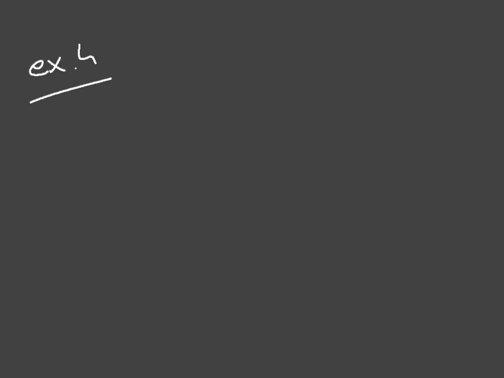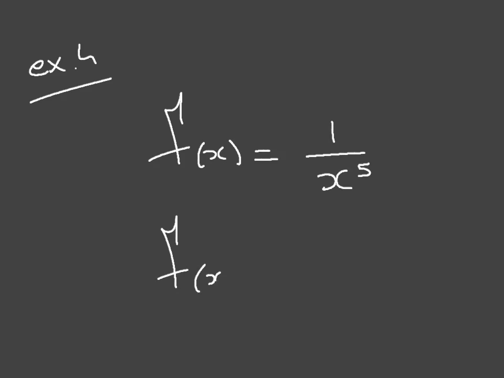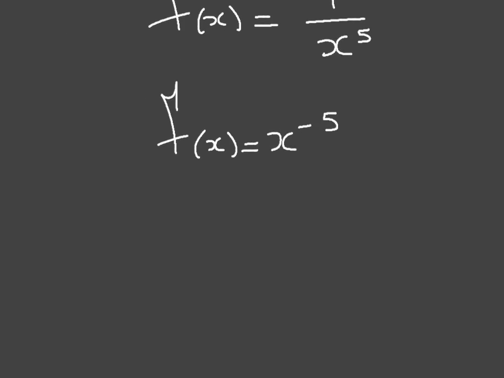Let's say we're asked to differentiate f of x is equal to 1 over x to the power of 5. Well, once again, we can see that this is the same thing as writing f of x is equal to x to the power of negative 5. And we can use the power rule to write that the derivative function, f dash of x, is equal to negative 5 times x to the power of negative 5 minus 1.